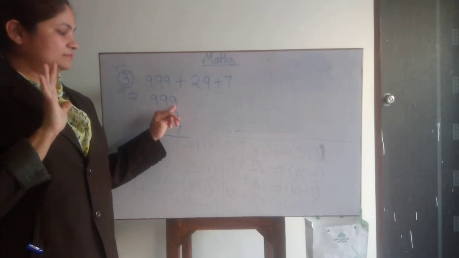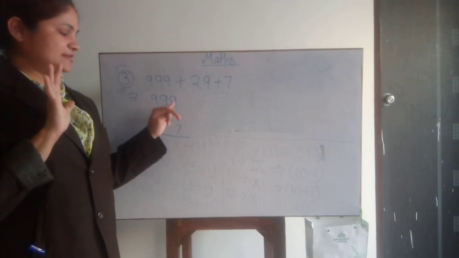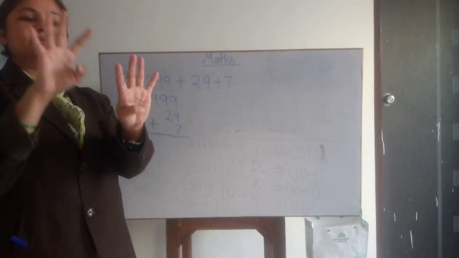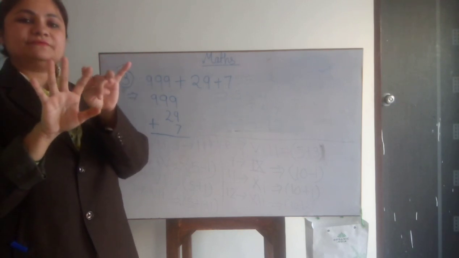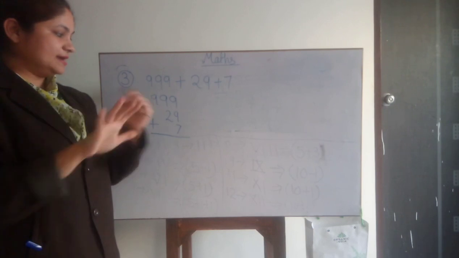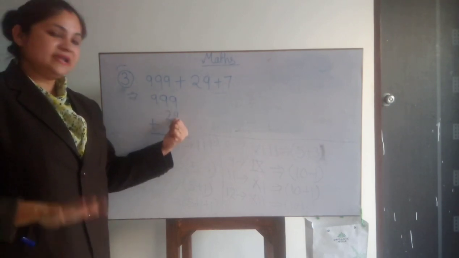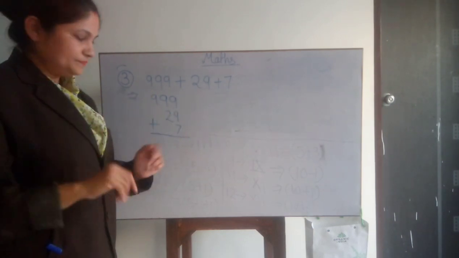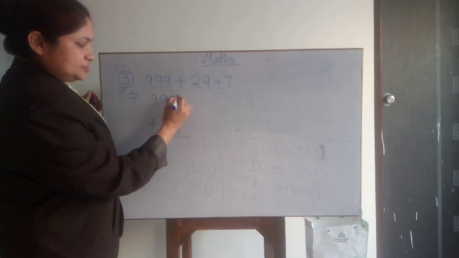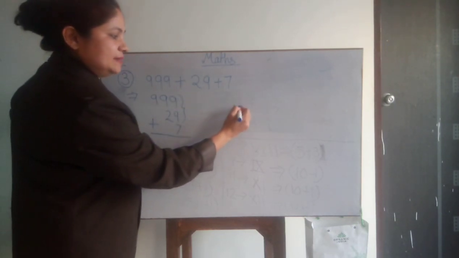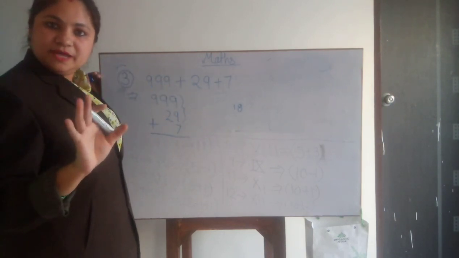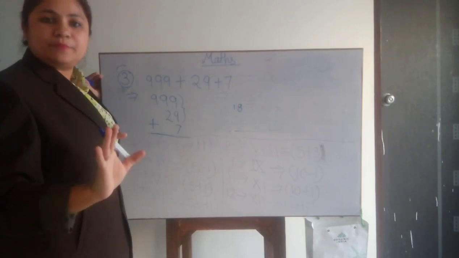Now we will start to count right after this 9: 10, 11, 12, 13, 14, 15, 16, 17, 18. So 9 plus 9 is 18. We are writing it somewhere in rough, just to understand it properly.